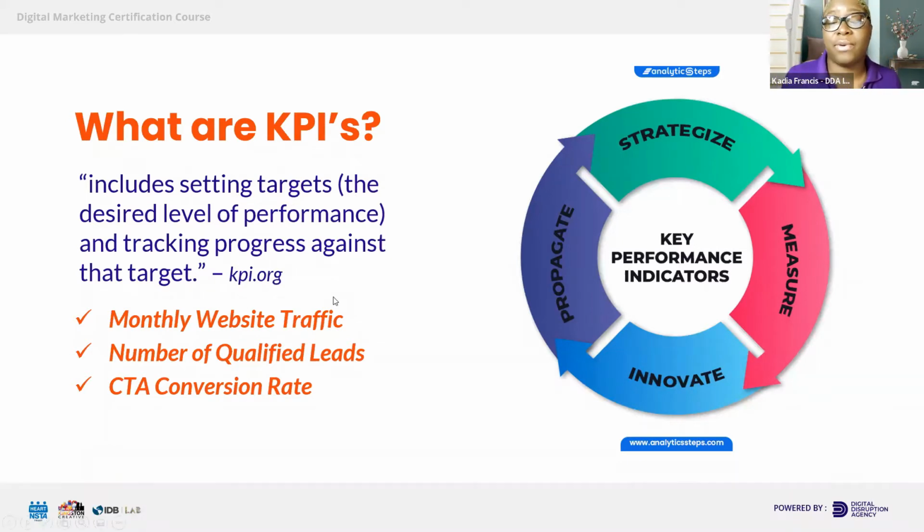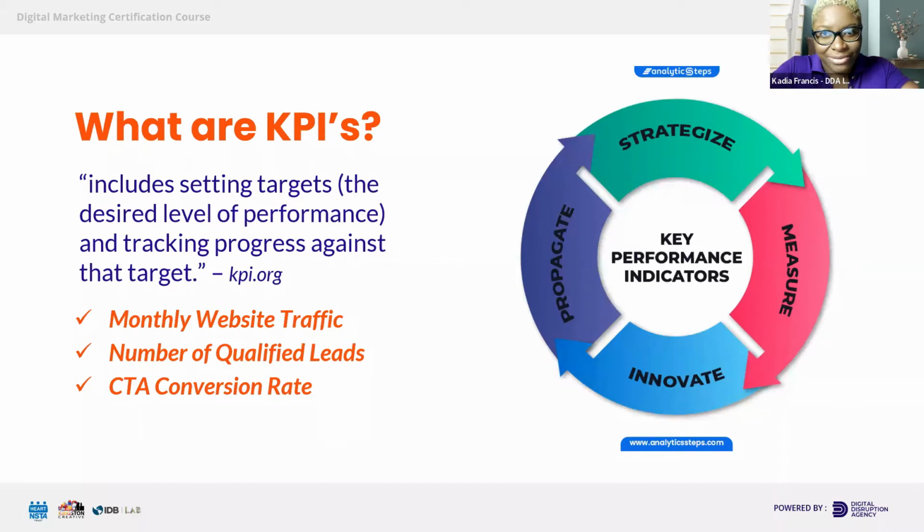So you can achieve, or knowing from the beginning what the desired level of performance is for a particular campaign or strategy over a particular time. So that's why one of the KPIs here is monthly website traffic. You can't guarantee that you're going to have 50,000 visitors to your website every month, but it's a target that the marketing team is setting, to say we want to get to 50,000 visitors to the website per month.